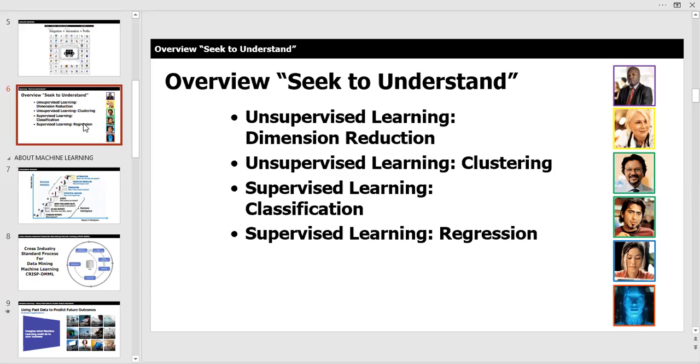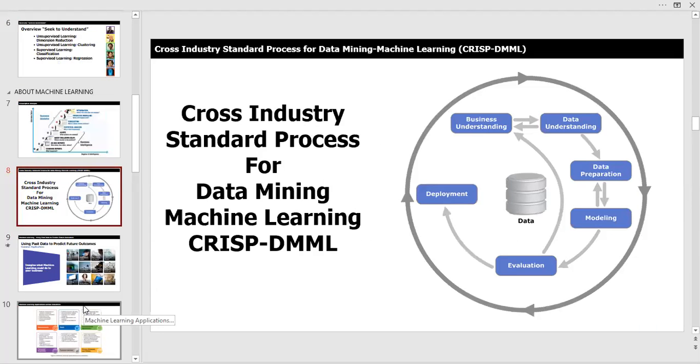In this case, it's Cortana with an orange box that represents deployment. So that's where this slide correlates to those roles. Again, business understanding, that's the purple, data understanding, that's the yellow, data prep and modeling, that's the 2 greens, evaluate would be the blue box, and deployment would be our intelligent assistant.